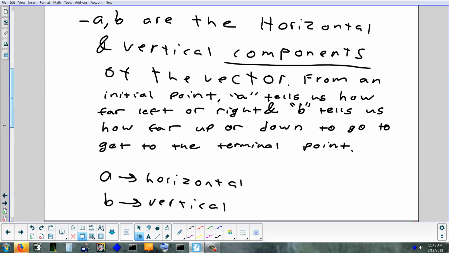Okay, and if you really want to spell it out, A is your horizontal. B is up and down, your vertical. Now, if we were doing this in 3D, you would need a third component. Because A is like your x-axis, B would be your y-axis movement, and then C would be your z-axis movement when we get to 3D.